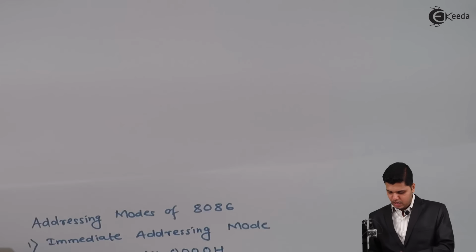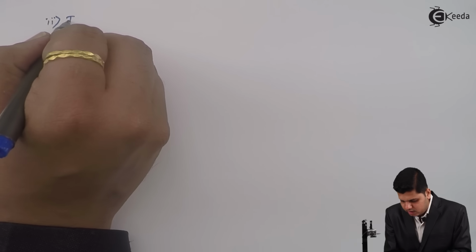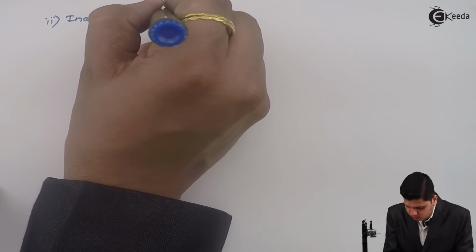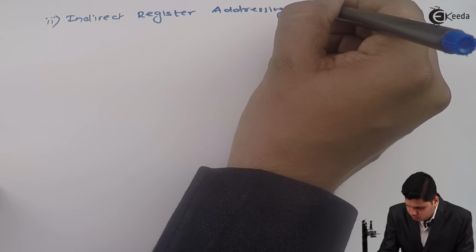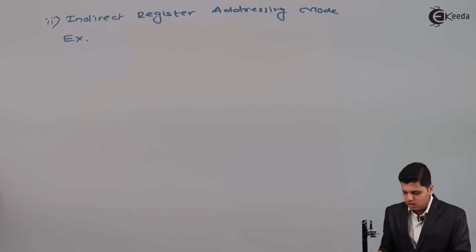Now we will see the next type of addressing mode in memory. The second type is indirect register addressing mode. In the previous case, the address was directly specified in the instruction.